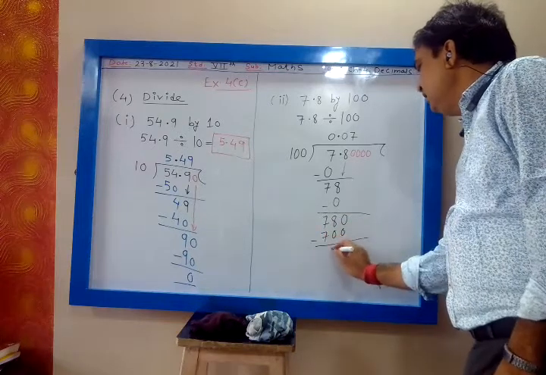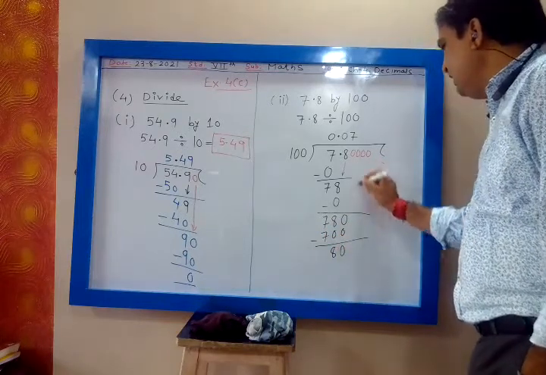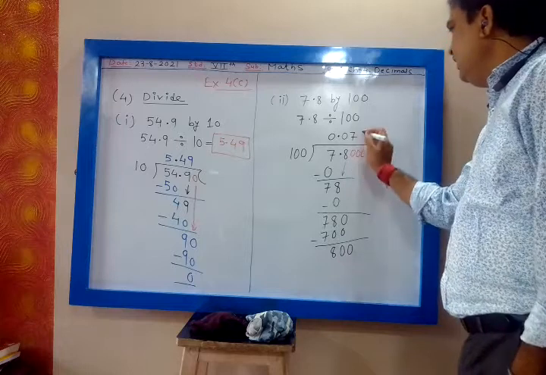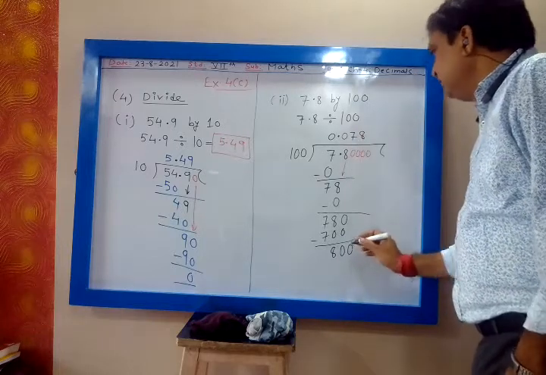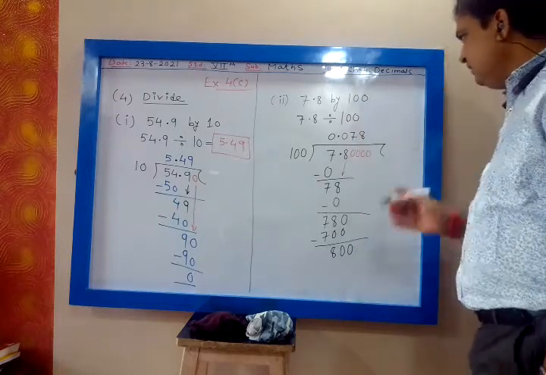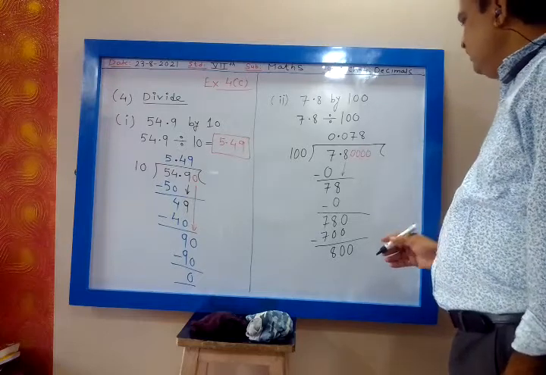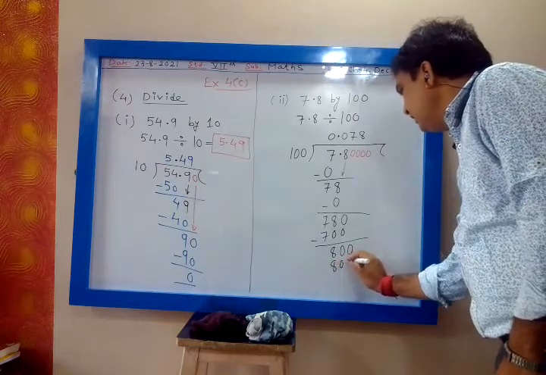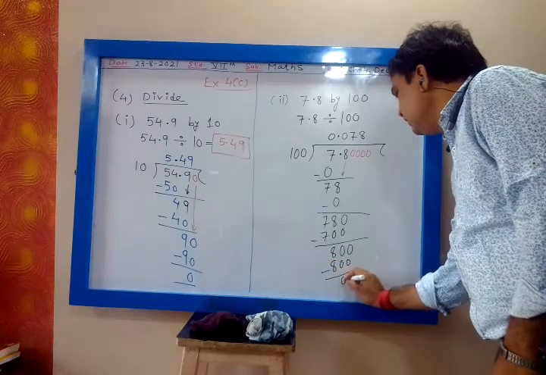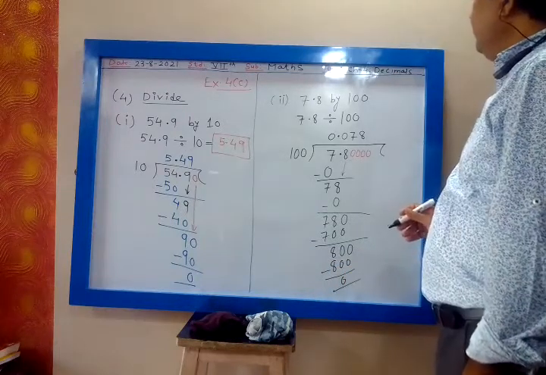Then 8 0. 1 0 is carried. 100 8s are 800. Answer is 0. Okay.